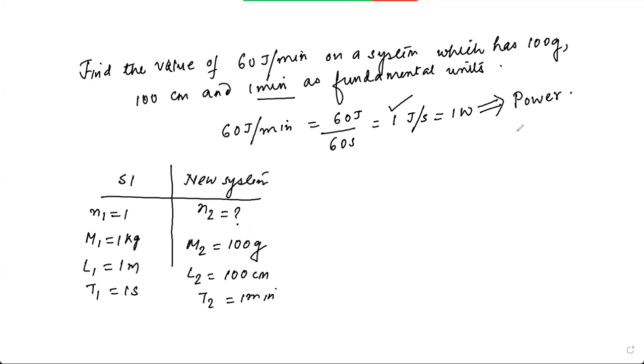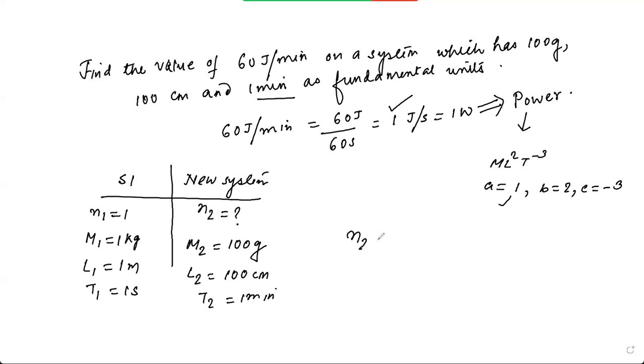So the dimensional formula of power is M L square T to the power -3. Comparing with A, B, and C, we get A equals 1, B equals 2, and C equals -3.